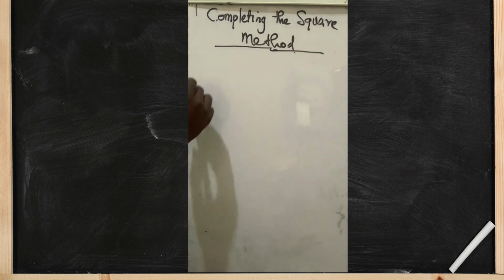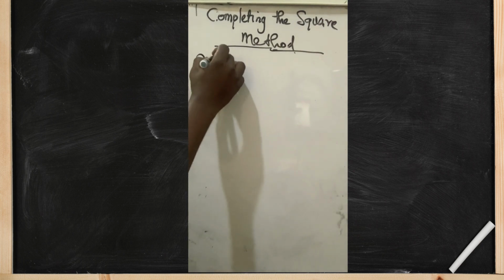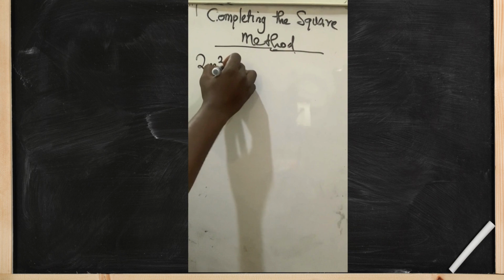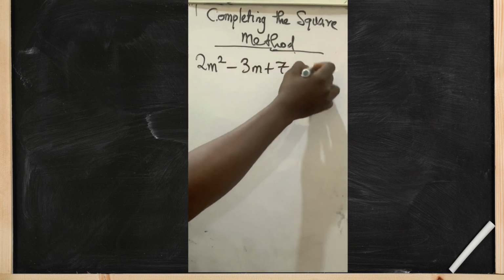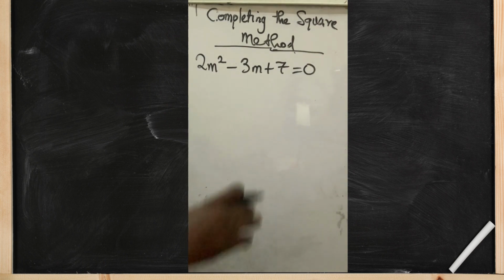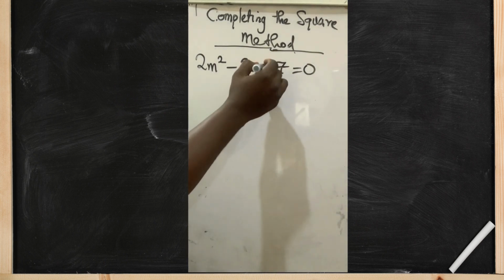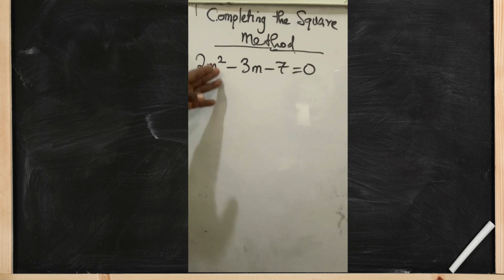So this question goes thus, that says 2m squared minus 3m minus 7 equals 0. We are expected to use the completing the square method to solve this question.